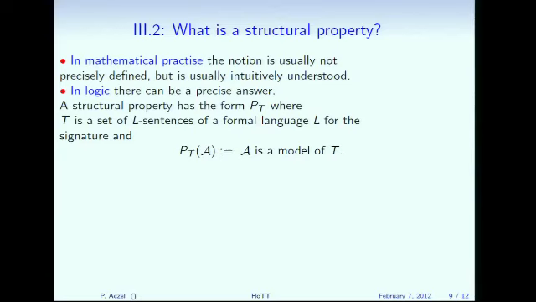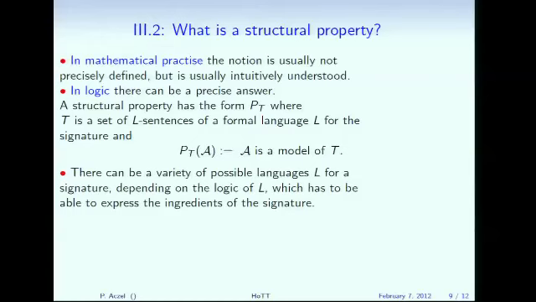Then we can form the structural property of a structure A, that A is a model of the theory of the set of sentences. And as we know, isomorphic structures satisfy the same sentences of any reasonable logical language for the signature of that structure. So there can be a variety of different kinds of languages, and in that way we get structural properties.